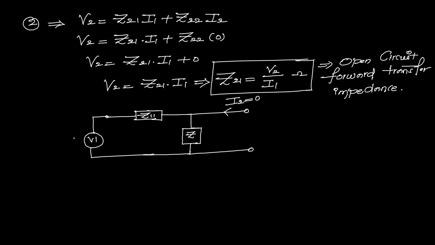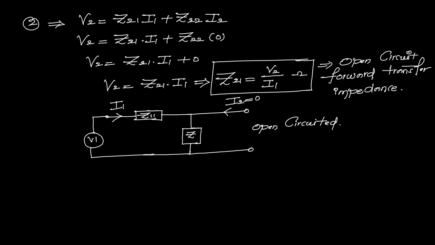The current flowing from the source V1 is I1. This one is the mutual impedance and this is the self impedance Z11. This part is open circuited, so because of the open circuiting of port 2, finally we got Z21 is equal to V2 by I1.